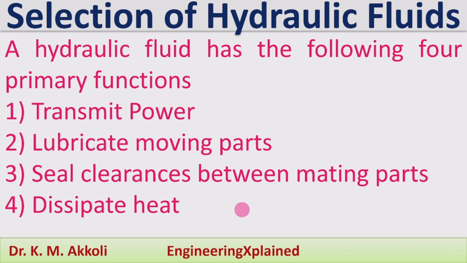During the operation, heat will be generated due to the compression and the moving parts. From one location to another location, that heat is to be carried by the hydraulic fluid, and that is dissipated to the outside atmosphere. These are the four primary functions to be done by the hydraulic fluids.